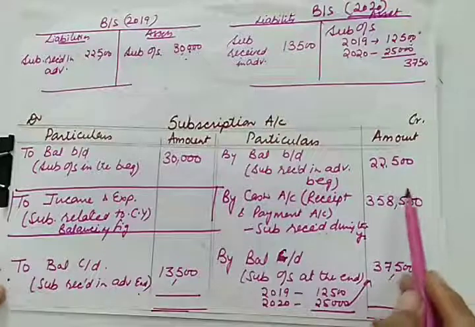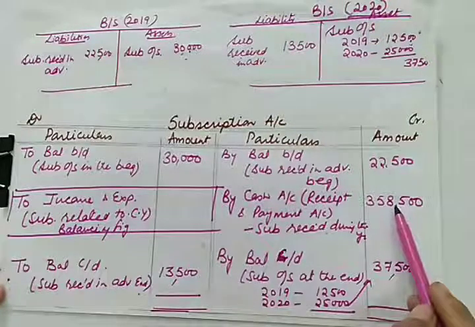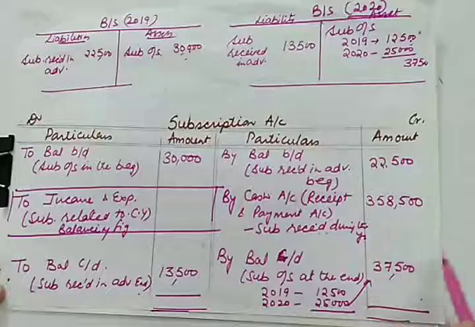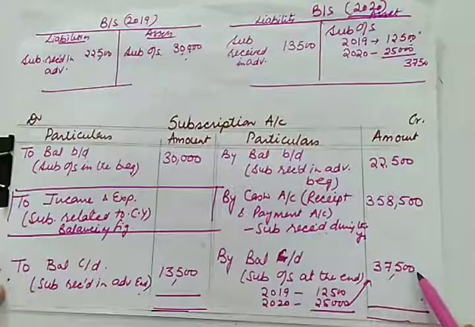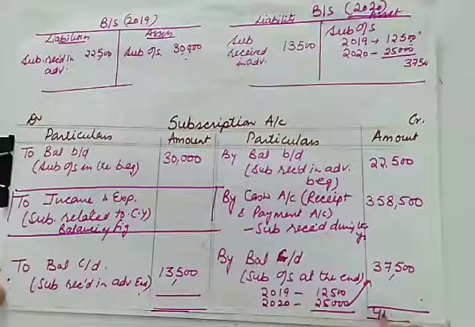Now let us calculate the missing figure. Missing figure will be, this is 322,500. If you add into this, it will be 3,81,000, and 37,500 will be 4,18,500.